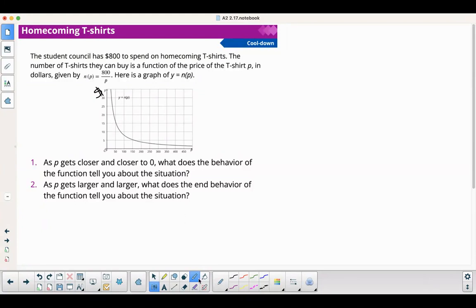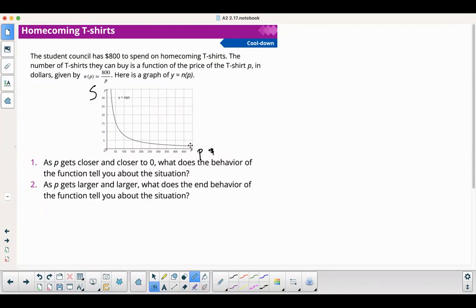Wait, no, that's not right. The number of shirts. So we'll call this S for shirts, and this is price in dollars. So as the price gets smaller and smaller, the more shirts they can buy. As P gets closer and closer to zero, the number of shirts shoots way up. Think about it: if you've got $800 to spend and you can get shirts for a penny a piece, you're going to be able to get a lot of shirts.